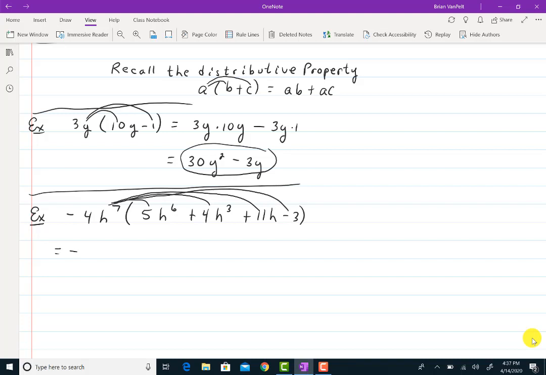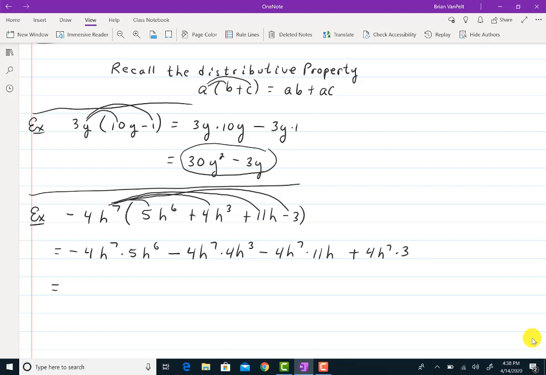So I'll get negative 4h to the 7th times 5h to the 6th minus 4h to the 7th times 4h cubed minus 4h to the 7th times 11h. And then finally the last one, since I'll have two negatives, minus times minus will be a plus. I'll have 4h to the 7th times 3.